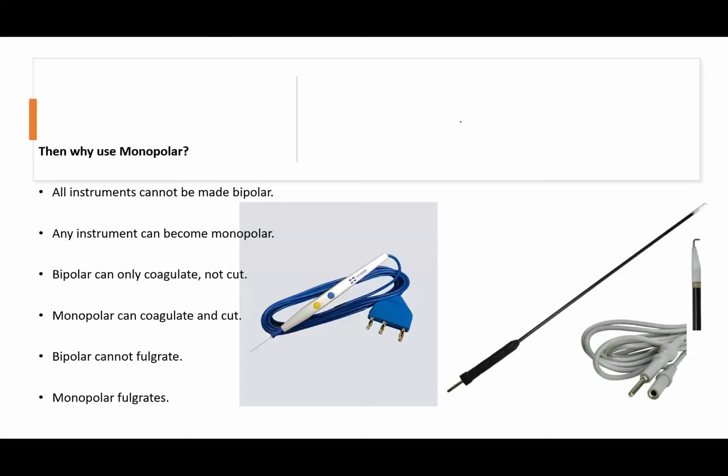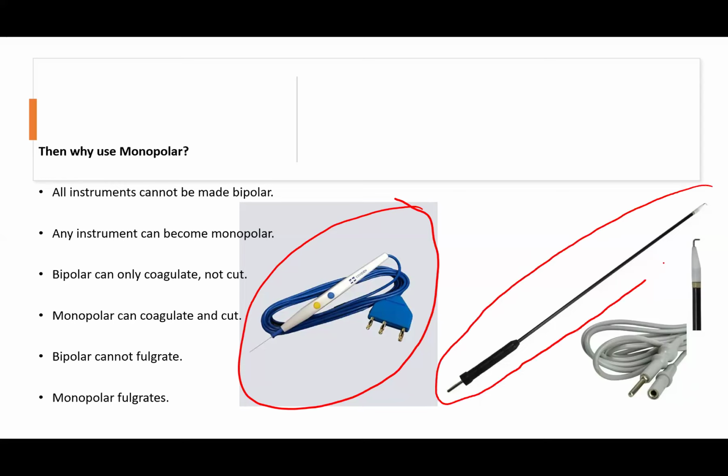Now, let us see the difference. This is the monopolar we use in open surgery. And this monopolar L-hook instrument, you can see the tip is called L-hook because it has a hook that looks like an L, and this is attached to this point.